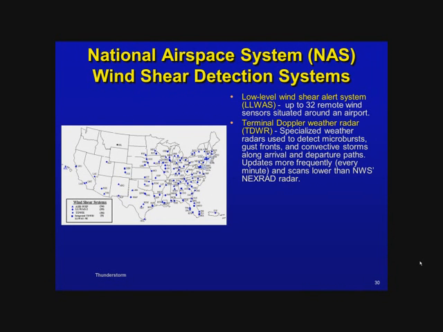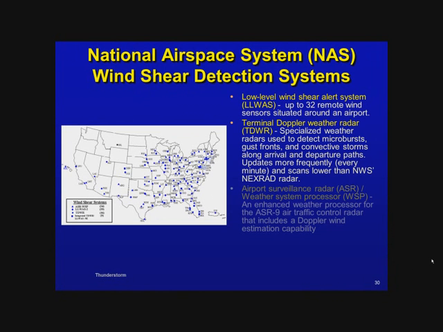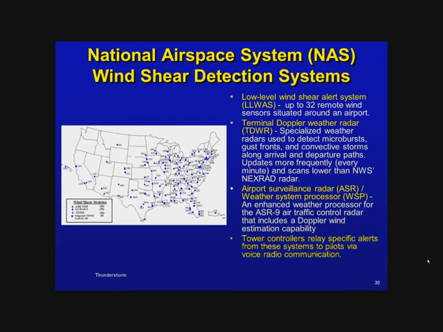This radar updates more frequently, every minute, and scans lower than the National Weather Service NEXRAD radar. There's also the Airport Surveillance Radar with its weather system processor. It's an enhanced weather processor for ASR-9 air traffic control radar that includes a Doppler wind estimation capability. The output from these different systems are relayed to the tower and then relayed by voice to pilots that are on approach or departure.